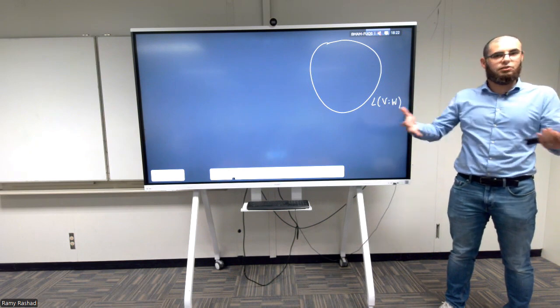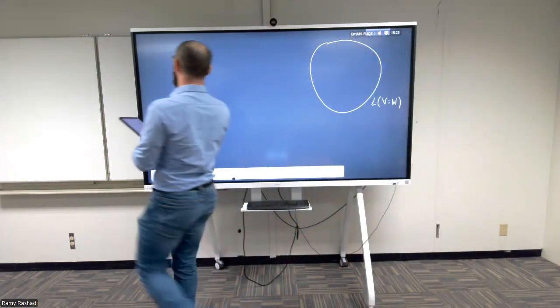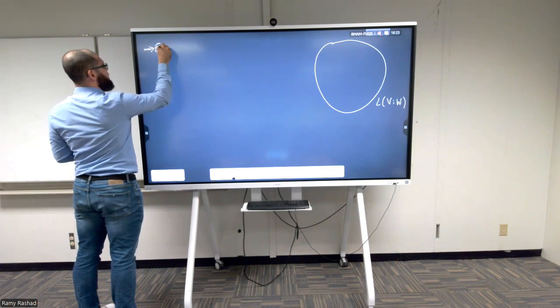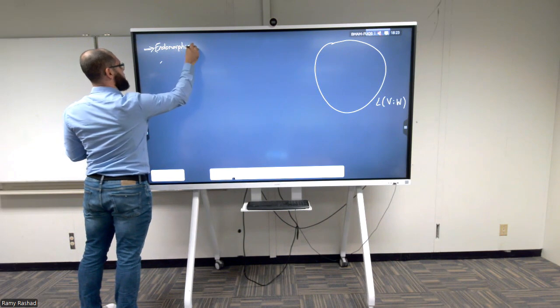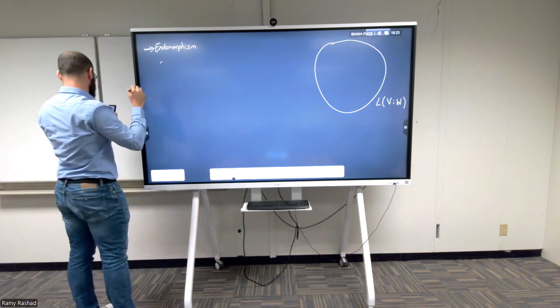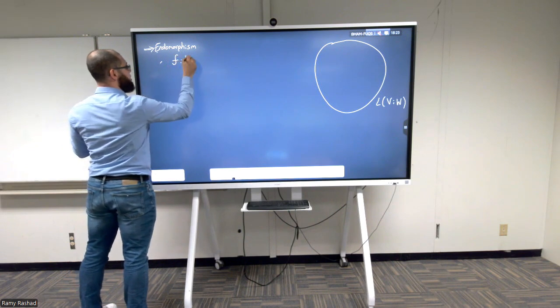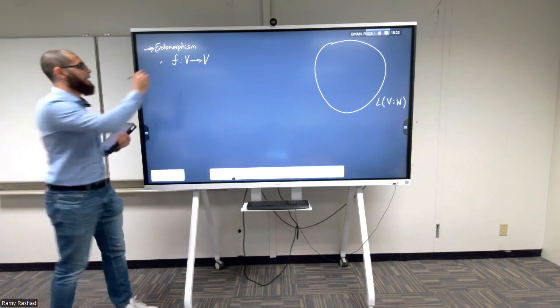Subsets, right? Let's try to restrict a little bit. Let's define a subset from here. They are called endomorphisms. So an endomorphism is a map F that goes from V to V, from V to itself, and is linear.